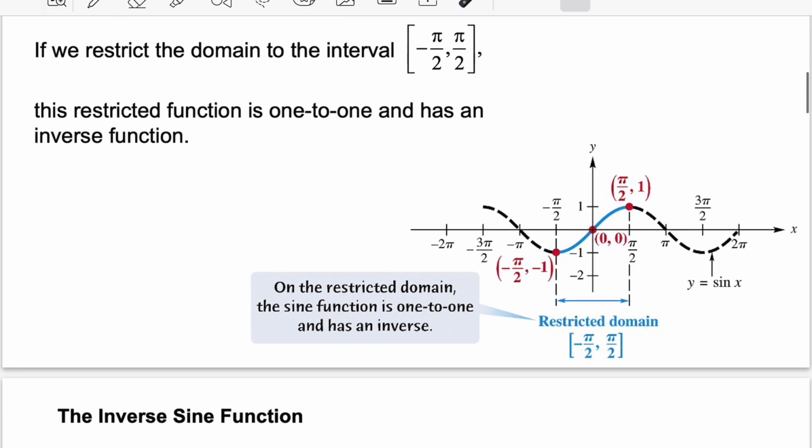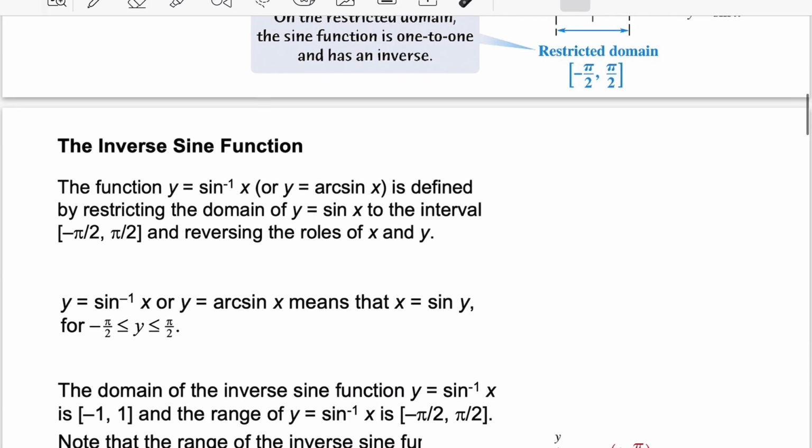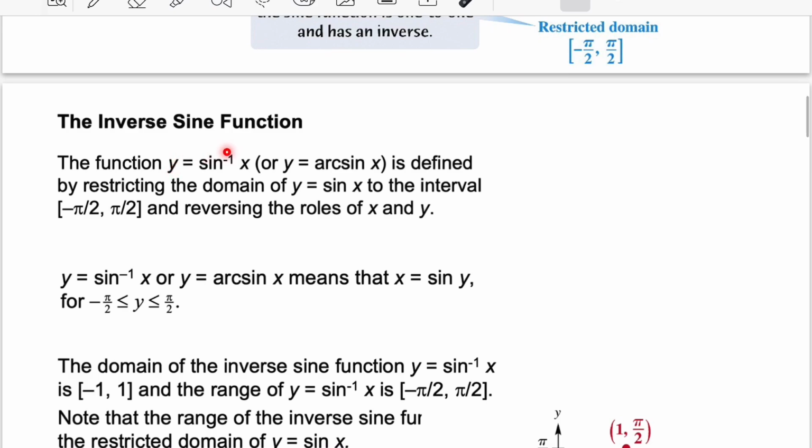So this brings us to the inverse sine function. So this function here is the inverse sine function, or arcsine, and it's defined, like we said, by restricting the domain of our sine function to this interval, and then reversing the roles of x and y. Now, if y is equal to sine inverse x, this means that x is equal to sine of y on this interval here.